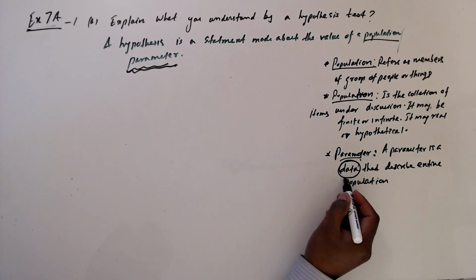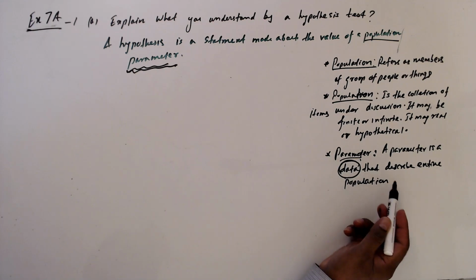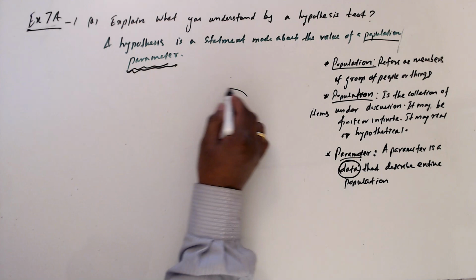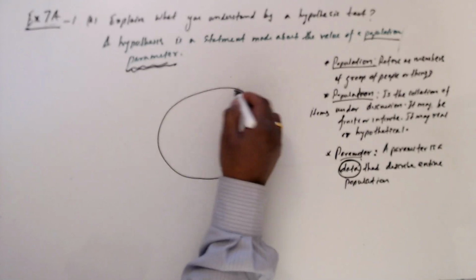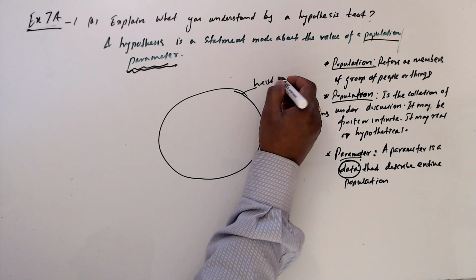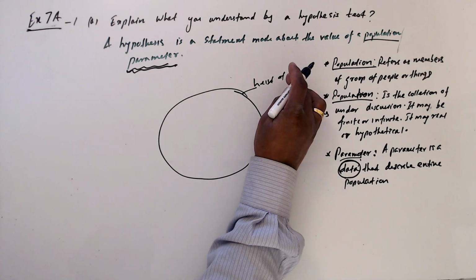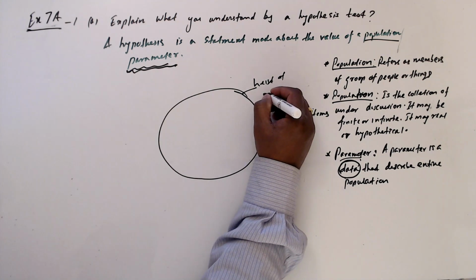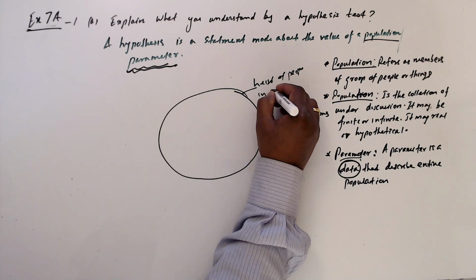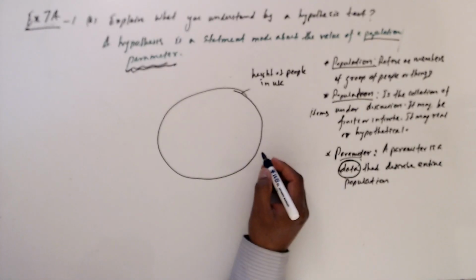A parameter is a data value that describes the entire population. Okay, let's consider a population: the height of people in the UK.